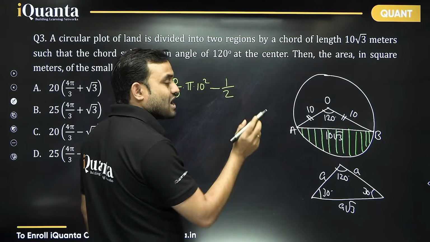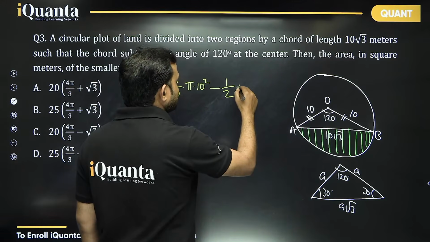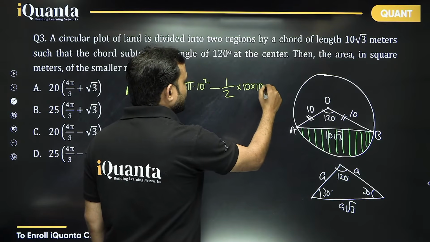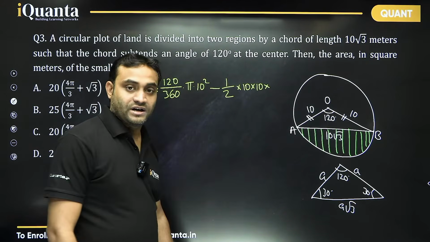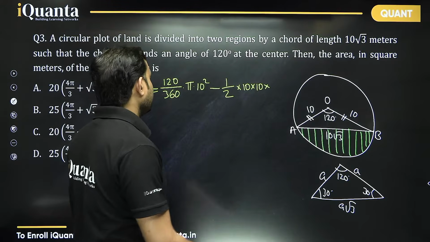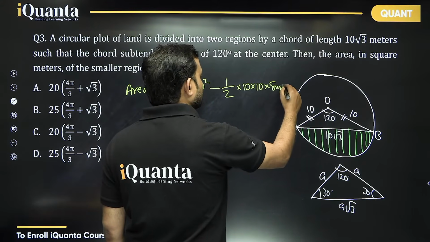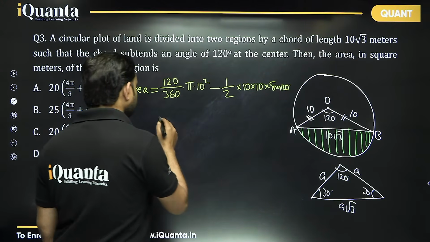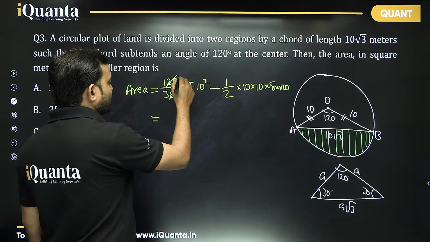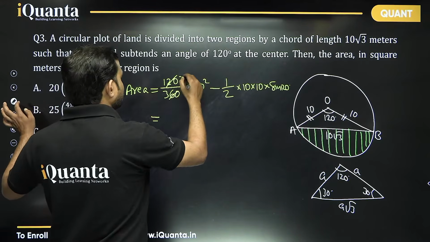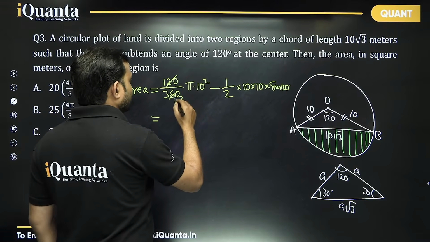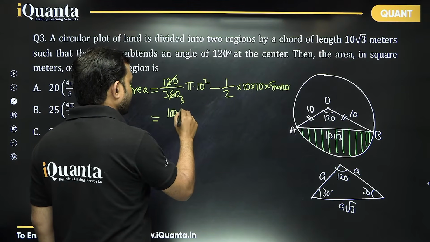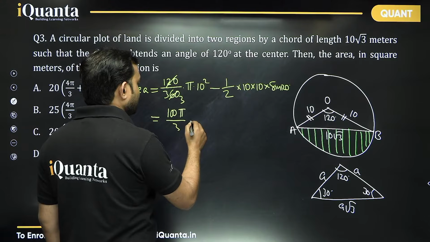We can use half a into b into sine theta, half into 10 into 10 into sine 120 degree. Sine 120 degree will be equal to how much? So this is 1 by 3, right? If this is 1 by 3, this will be 100 pi upon 3 minus.